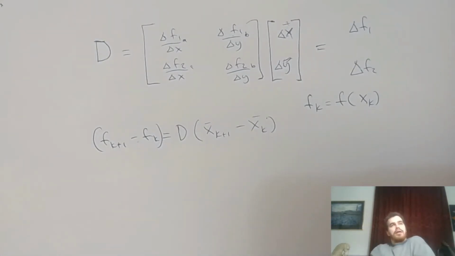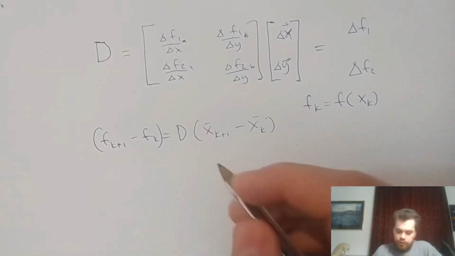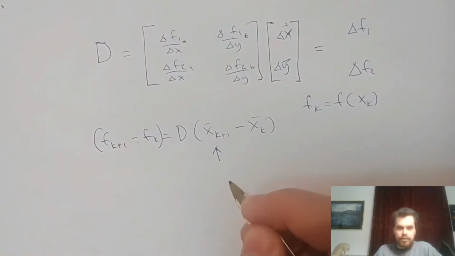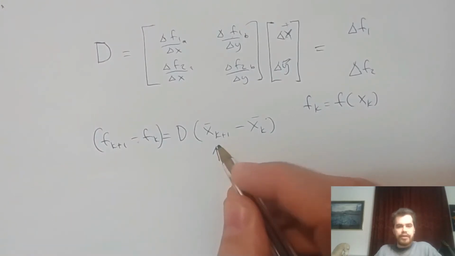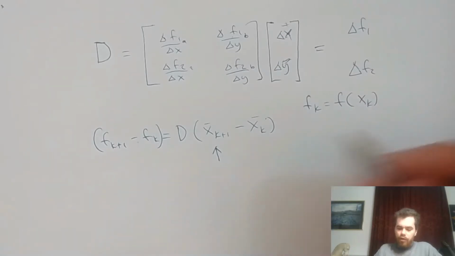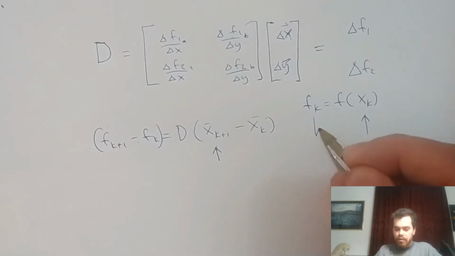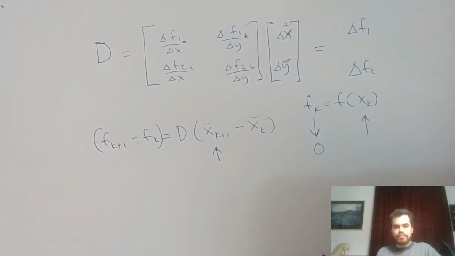So as before, we're looking for some vector x that when we plug it in here, what we get out is 0.